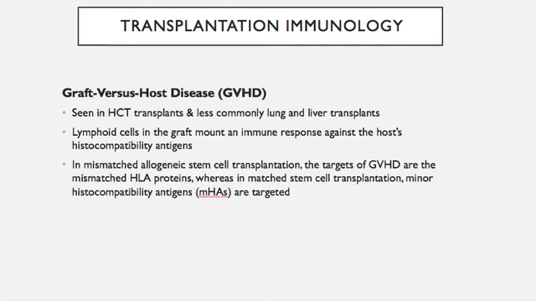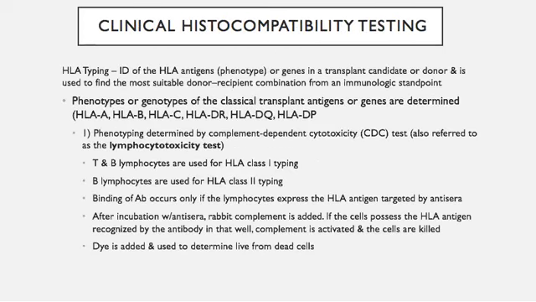In mismatched allogenic stem cell transplantation, the targets of graft versus host disease are the mismatched HLA proteins, whereas in matched stem cell transplantation, minor histocompatibility antigens are the ones that are targeted, the cause of that rejection.